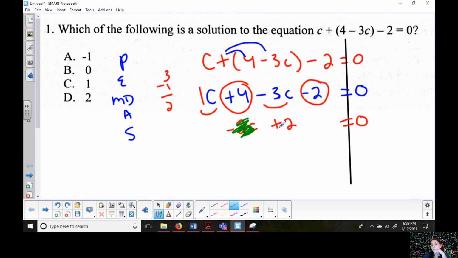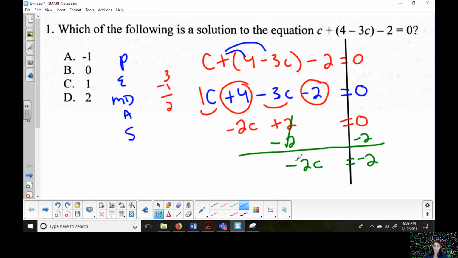So the opposite of positive is a negative. I'm going to subtract 2. What I do to one side, I have to do to the other. That cancels out. We bring this down, which is negative 2C is equal to negative 2.